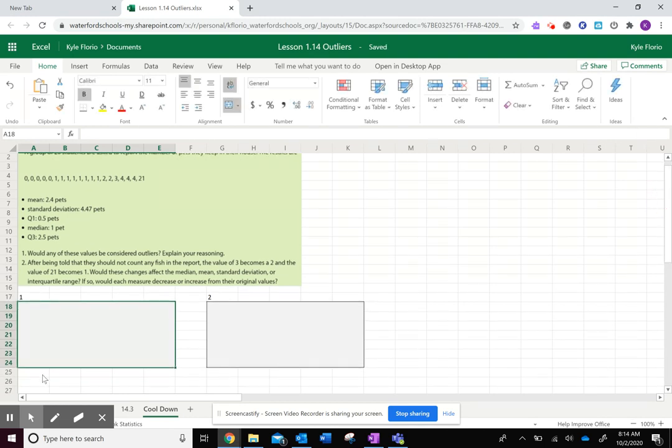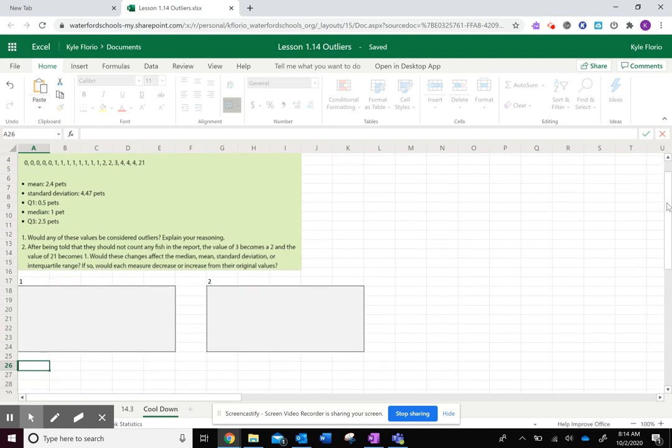Let me just see what the upper bound is. We know Q3 and Q1, so we can find the IQR no problem, and we can find out if that's an upper bound. To get the IQR, I'm going to take Q3, which is 2.5 pets, minus Q1, which is 0.5 pets.